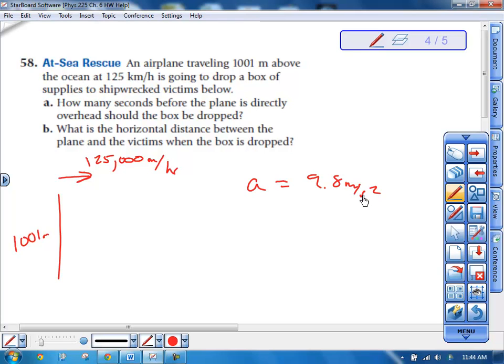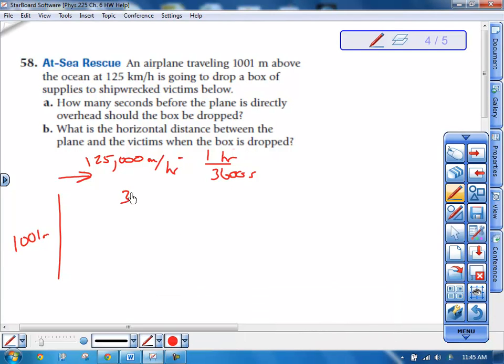So we got to be in meters and seconds, otherwise these problems aren't going to work for us. So let's convert this. There's 3,600 seconds in 1 hour, so let's do 1 hour is equivalent to 3,600 seconds. And that way we'll convert this to meters per second.